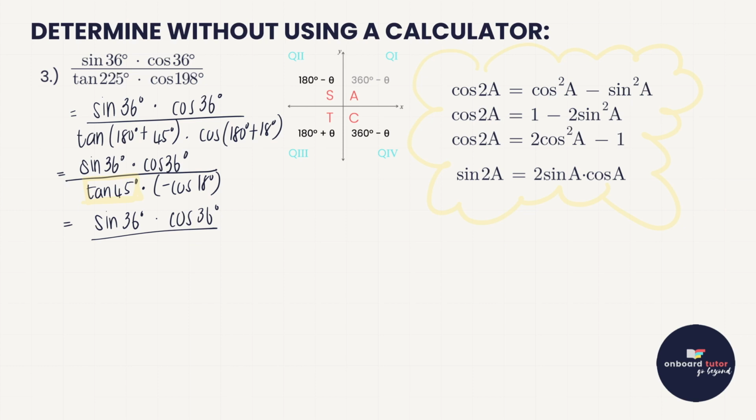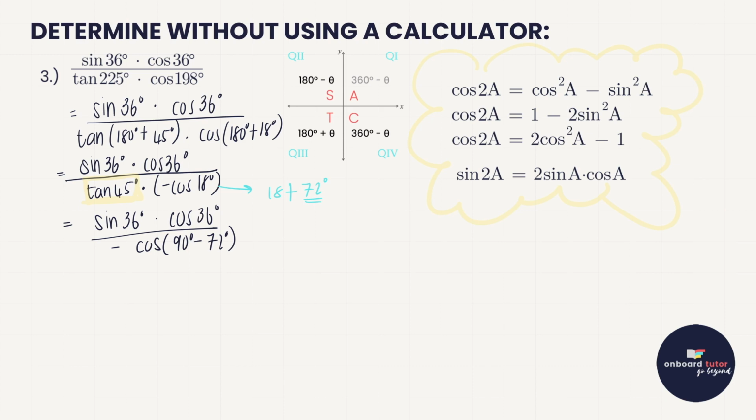So we ask ourselves, 18 plus how much would give us 90 degrees? Because that's how cofunctions work. So 18 plus 72 degrees would give us the 90 degrees there to make it a cofunction. And so then we can rewrite that as minus cos of 90 minus 72 degrees.